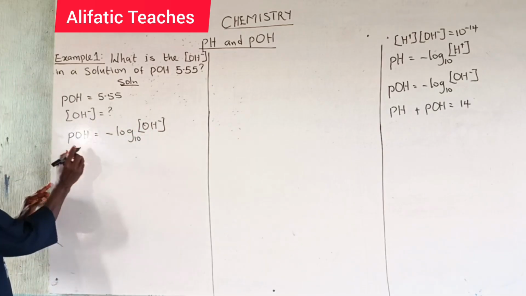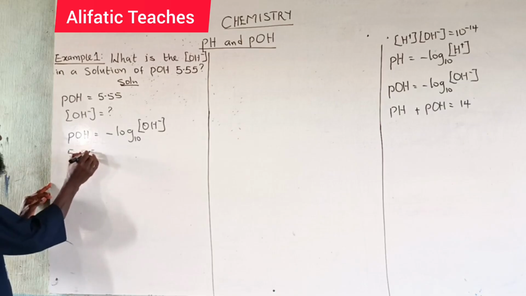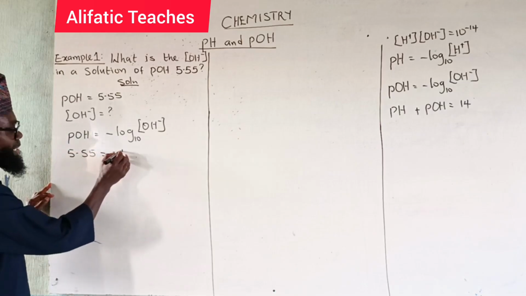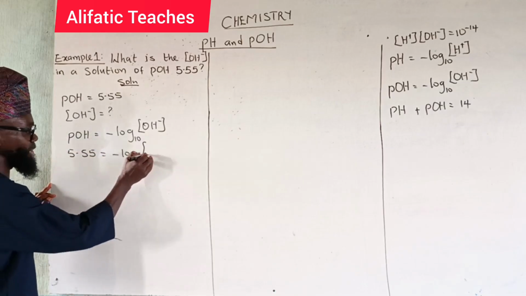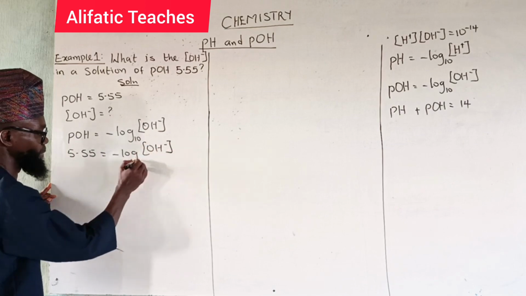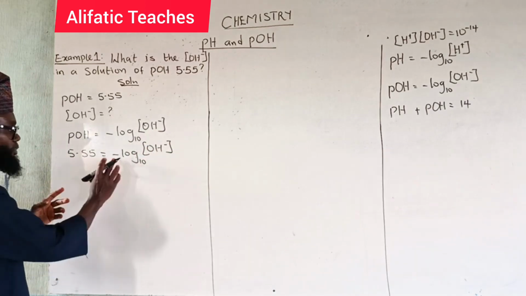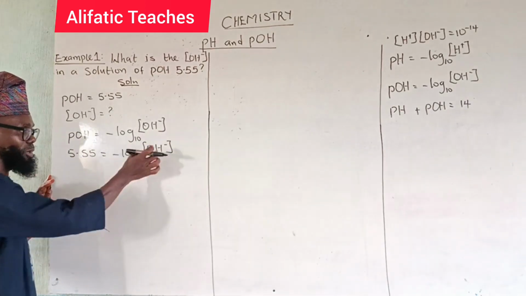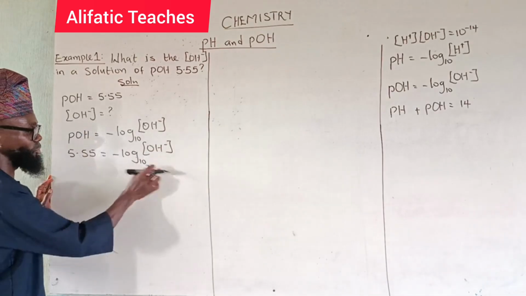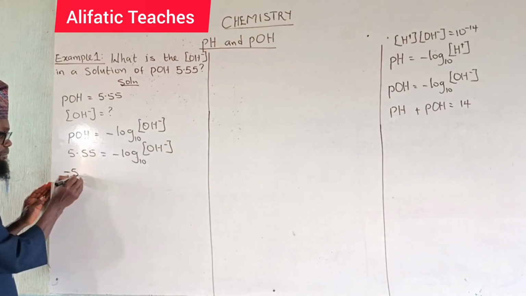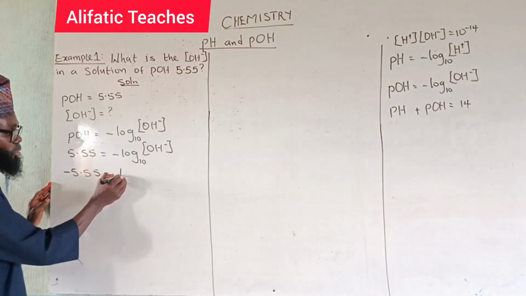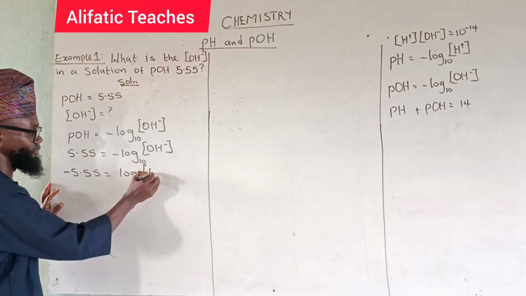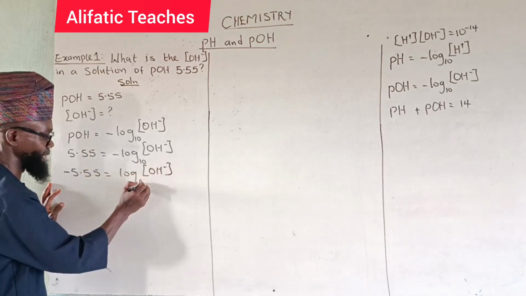This pOH is given as 5.55, so 5.55 equals minus log concentration of OH minus to base 10. I want to take away this minus because I'm looking for this. Multiply through by minus: minus 5.55 equals log of concentration of OH minus to base 10.